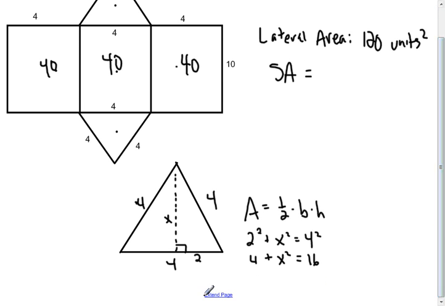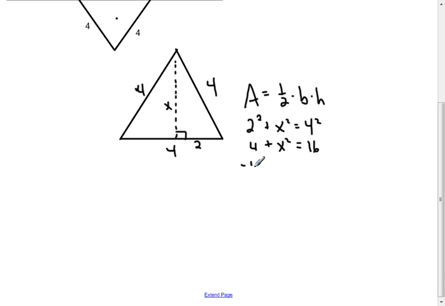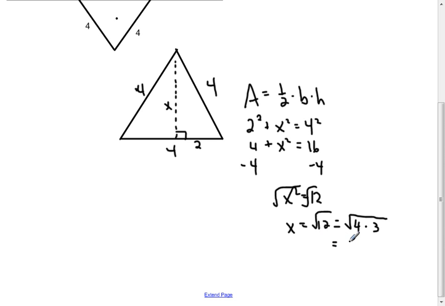We subtract 4 and get x squared equals 12. Then we square root both sides, and we get x equals the square root of 12. Then we have to break this down. The square root of 12 we could write as the square root of 4 times 3. Well, the square root of 4 we know is 2, so this could really be written as 2 times the square root of 3.